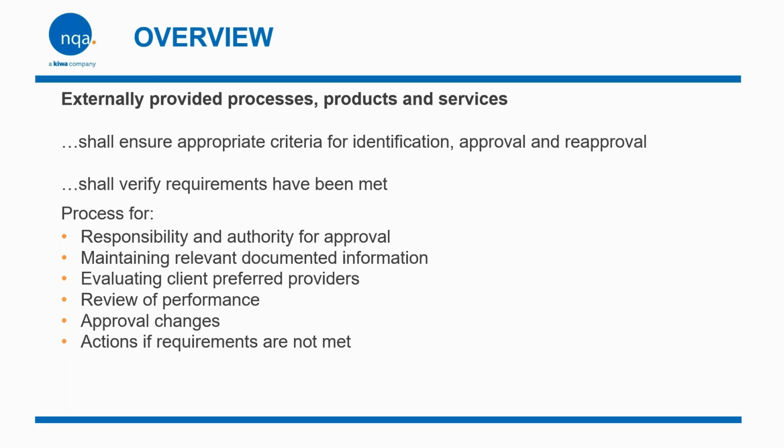Responsibilities and authorities need to be clearly defined: who within the organisation has responsibility and authority to approve suppliers, manage suppliers' performance, and make decisions about reapproval or corrective actions. Documented information has to be maintained. It needs to be accurate and up to date on suppliers' approvals, performance evaluations, changes in approval status, and even actions taken when requirements aren't met.